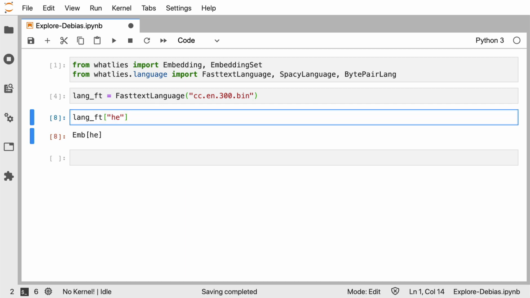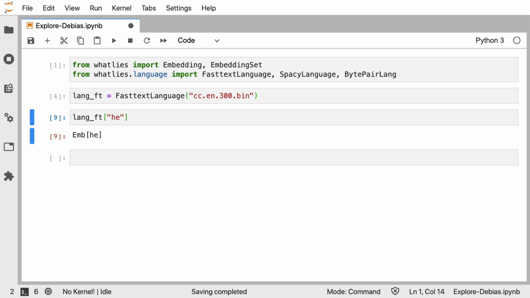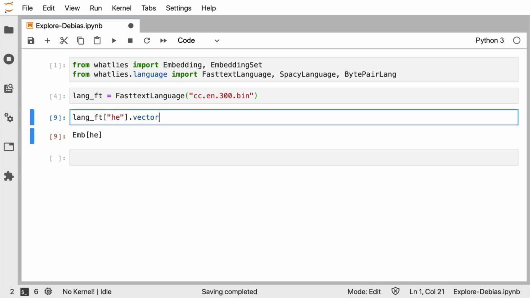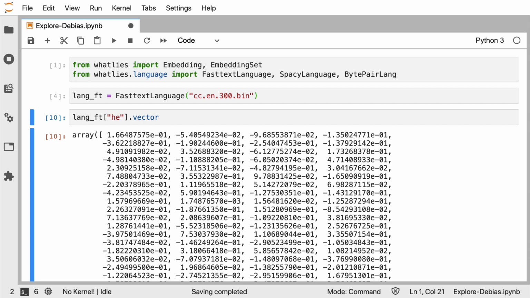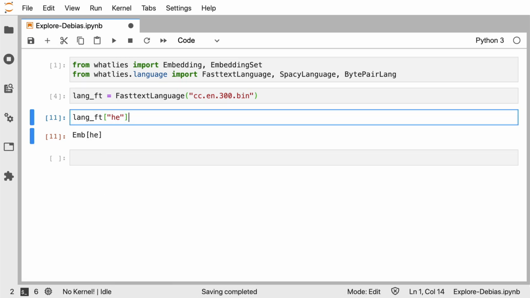And what I can do with this code is get the embedding for the word he. And this embedding is just an object. Inside of it is a numeric vector. But it's slightly easier to reason with these objects as opposed to just these vectors, because what I can do is say, well, I want to have the embedding for he minus she.